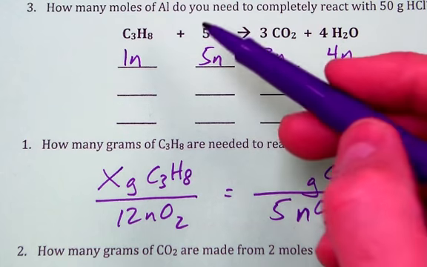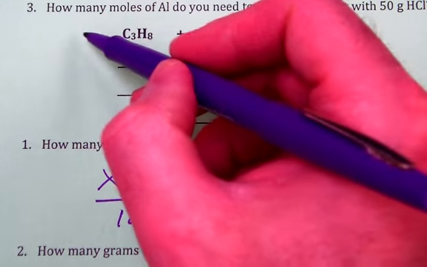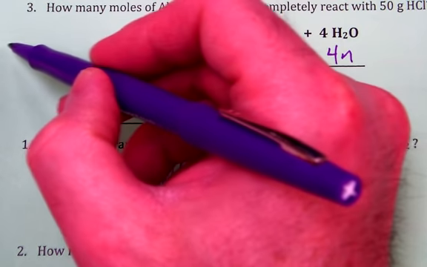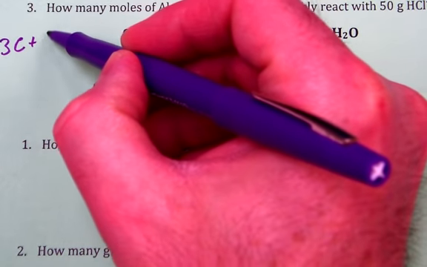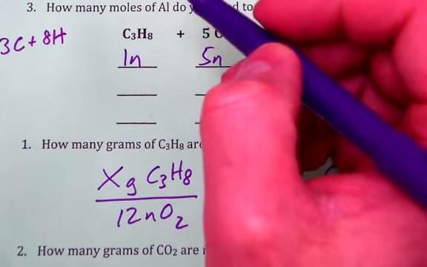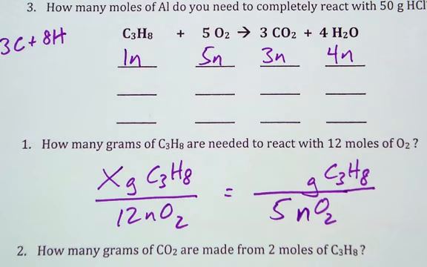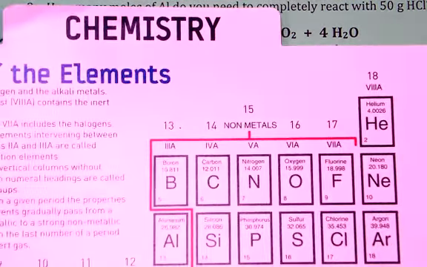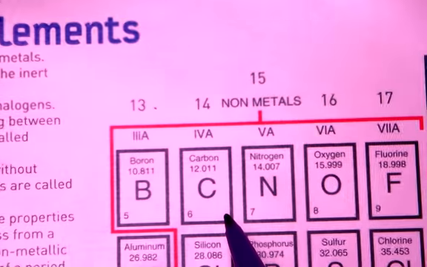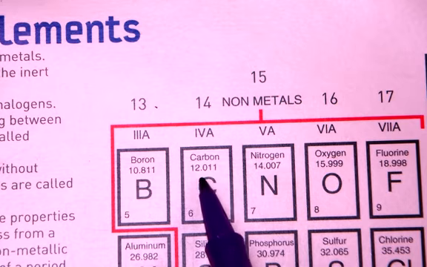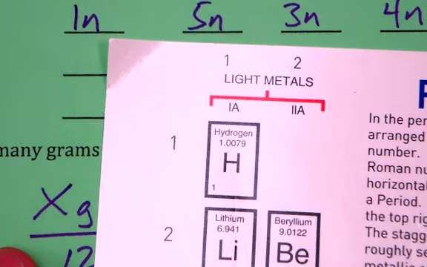So now to figure out our molar mass, we want to recognize that in C3H8, there are 3 C's and 8 H's. So I'm going to go to my periodic table, and we can see that if we zoom in here, carbon has a mass of about 12, and hydrogen has a mass of about 1.